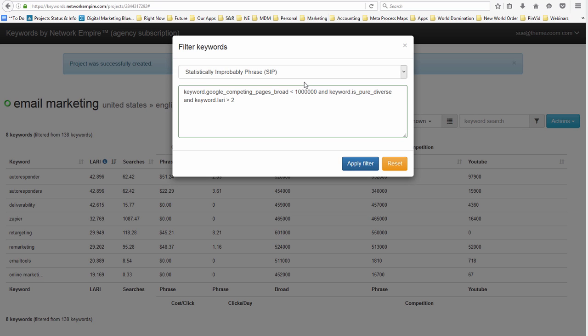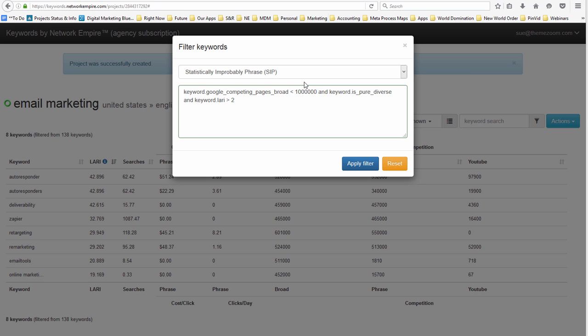And statistically improbable phrases are words that are not used a lot. So you might find words that are simply not used very often, but given the way that we do our latent semantic indexing, what you'll tend to find is that these will be keywords that are relevant to your project and used only within this particular market.